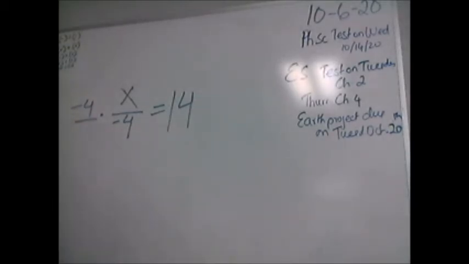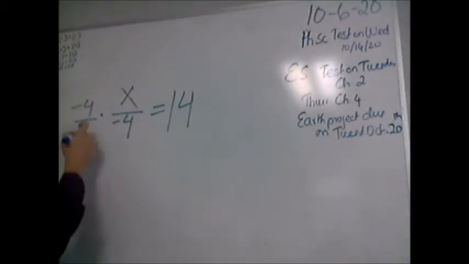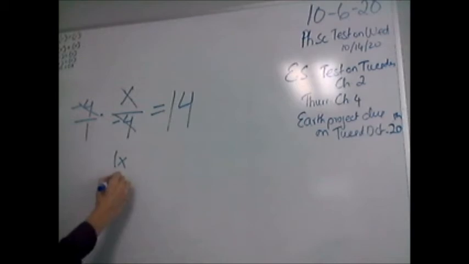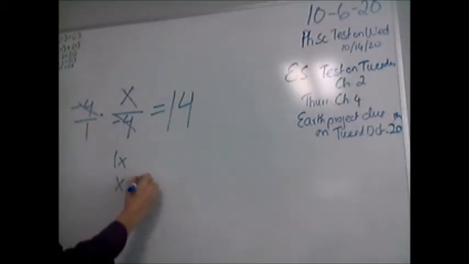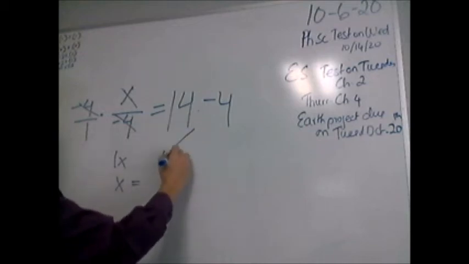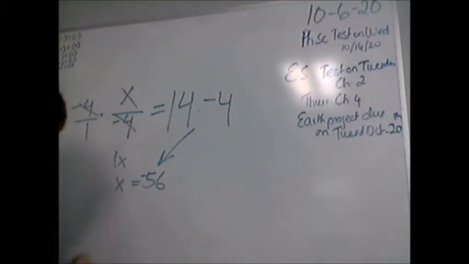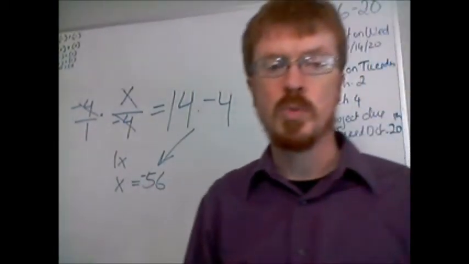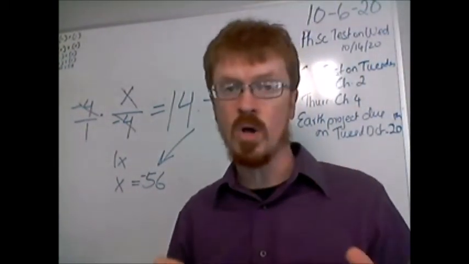Those get canceled out. This becomes a 1x, or simply an x, over here, and 14 times a negative 4 becomes negative 56. This is very simple stuff, but you do need to learn it. Like I said, this is all I'm doing right now.